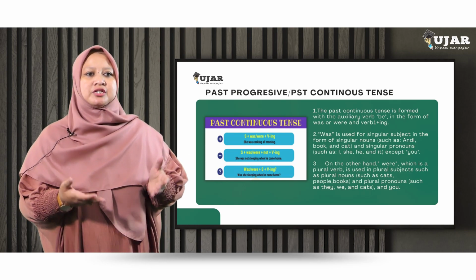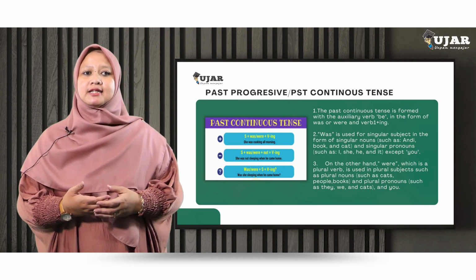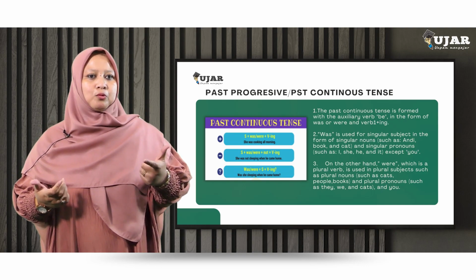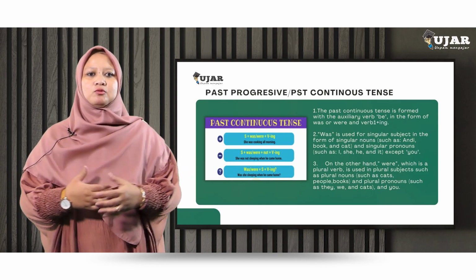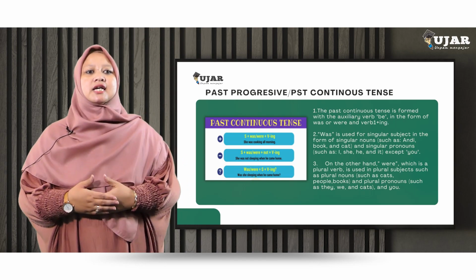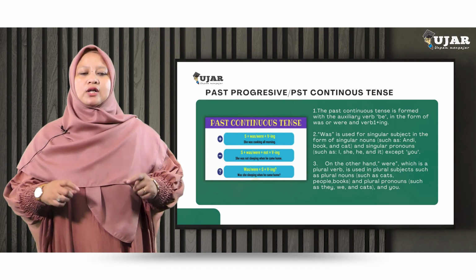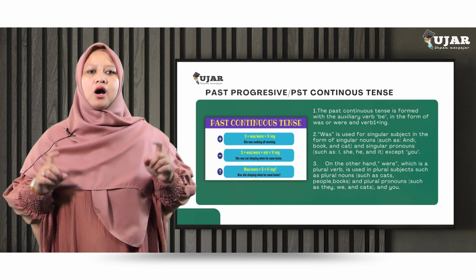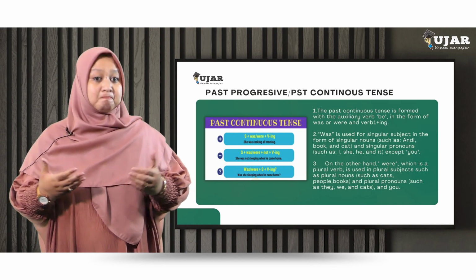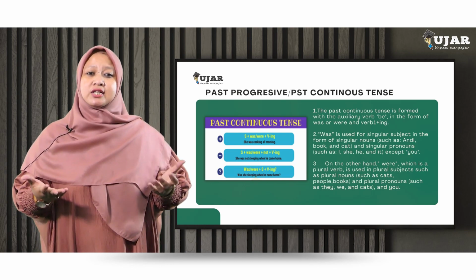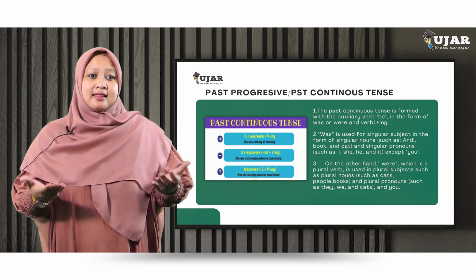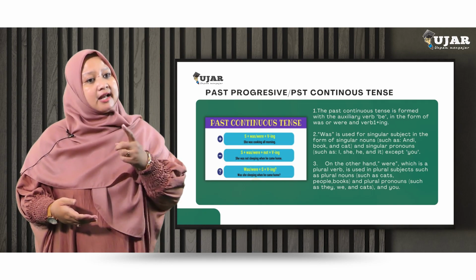Was is used for singular subjects in the form of singular nouns such as Andi, book, cat, and other singular pronouns such as I, she, he, and it, except you. On the other hand, were, which is a plural verb, is used in plural subjects such as plural nouns such as cats, people, books, and plural pronouns such as they, we, and of course you.